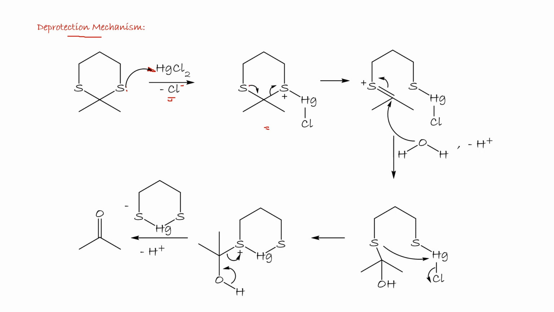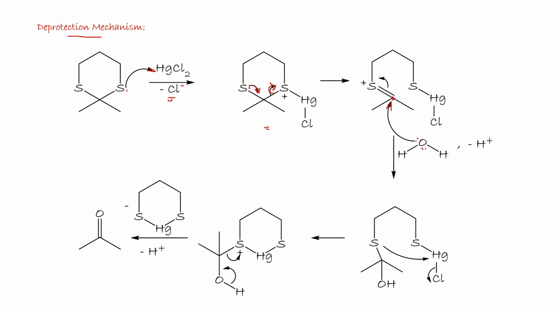Then the lone pair of sulfur will form a double bond here, and this will be the leaving group. This carbon is an electrophilic carbon, so it will be attacked by water molecule oxygen.